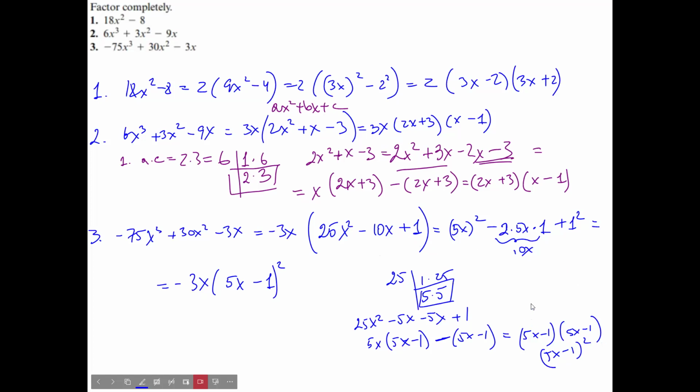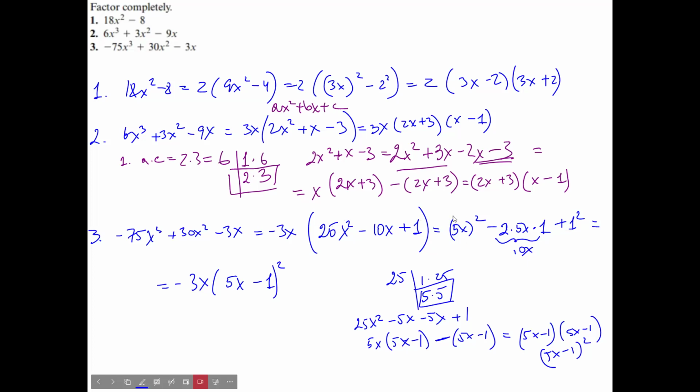Can I just ask, how did you recognize that this formula applies? What made you think of it, because it's 2 times 5? Okay, what made me think this? First of all, I analyzed the first and last term. I see the first term is a perfect square. The second term is a perfect square.